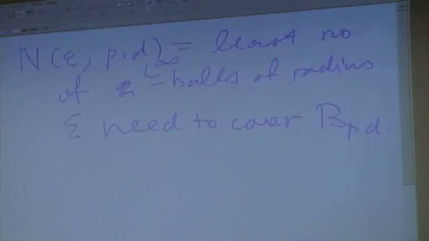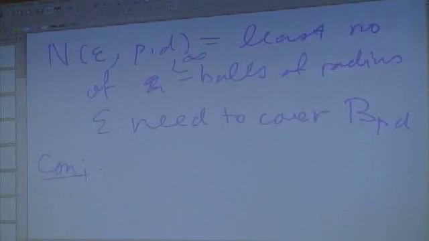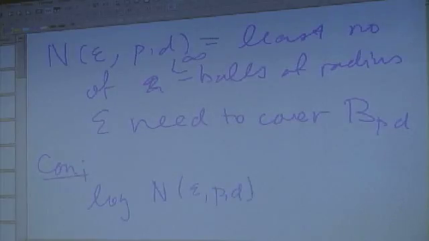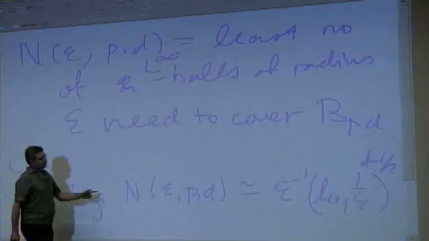Okay. So compactness says for each epsilon this is a finite number, and then the relevant conjecture here, which builds upon a very rich theory, is that the log of N of epsilon, p, and d is basically 1 over epsilon times log 1 over epsilon to the d minus 1 over 2.